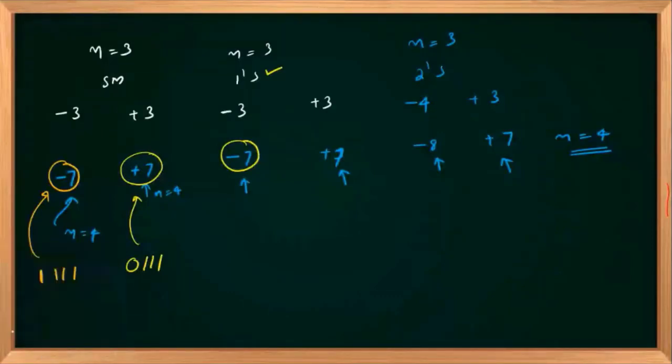-7 in one's complement representation. What is the pattern corresponding to -7 in one's complement representation? Please provide your answers. Is it 1 0 0 0 or 0 1 1 1? -7 implies the number is negative, hence MSB should be equal to 1.